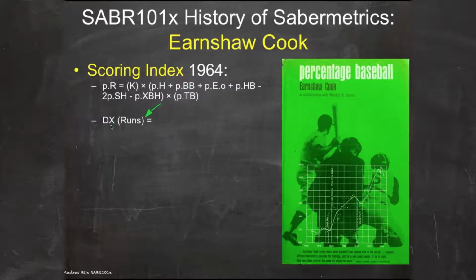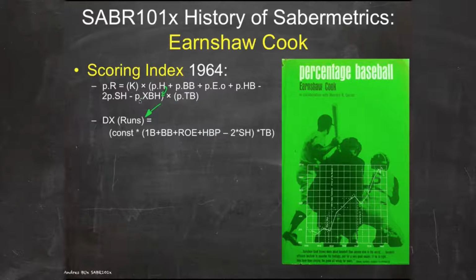DX, this scoring index formula by Cook, that implies something like runs, is a constant times this term here, which is singles, and singles comes from hits minus extra base hits. Hits is total hits. The extra base hits are the non-singles. So this is essentially the probability of a single, a walk, reach on error, and hit by pitch.